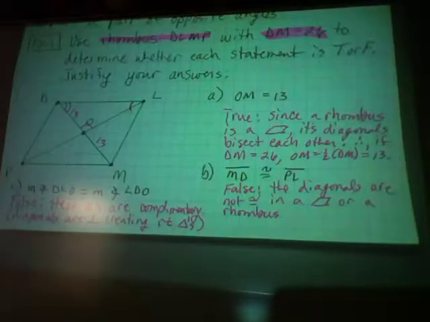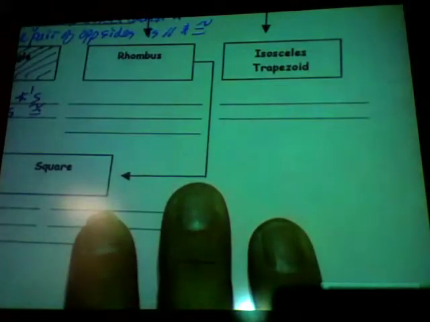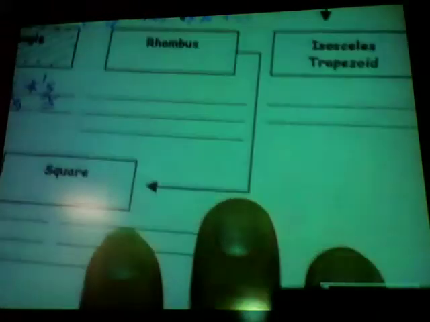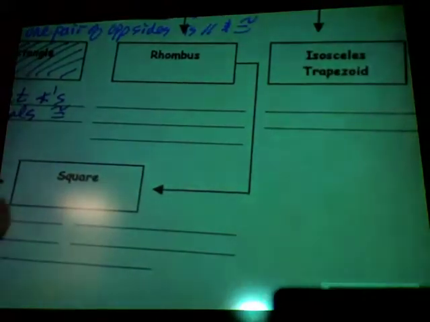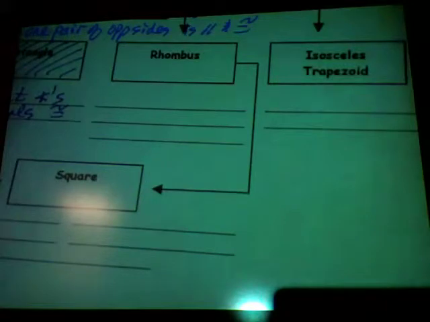All right, so as of today, things are going to start to get a lot more complicated as far as what goes with what and how do I separate the two. So take out your pink sheet. Let's go to the rhombus and add the new things. What are the 3 new things that we've learned? What's the very first thing you learned?